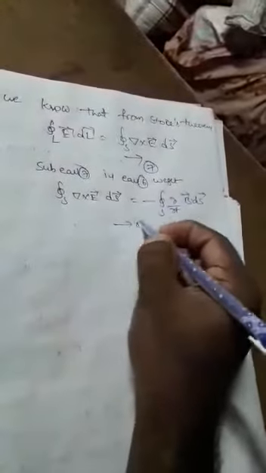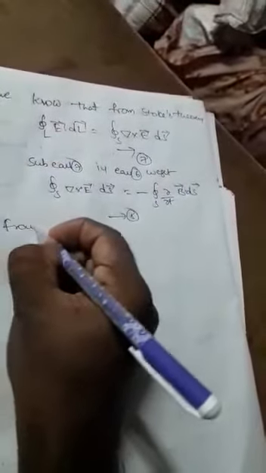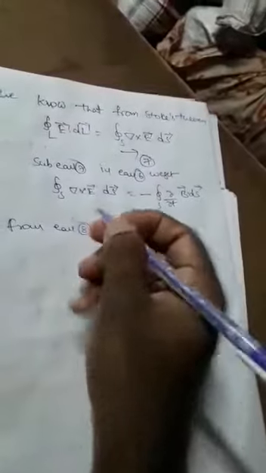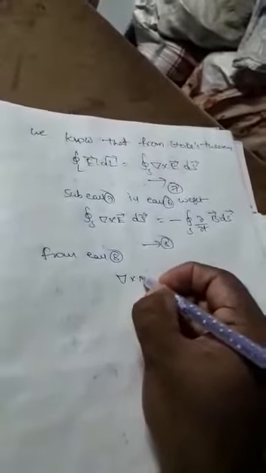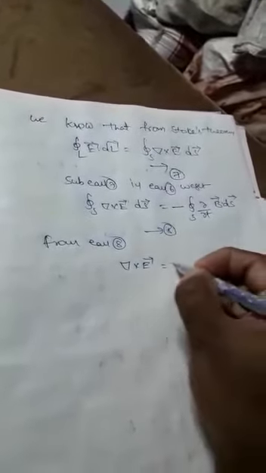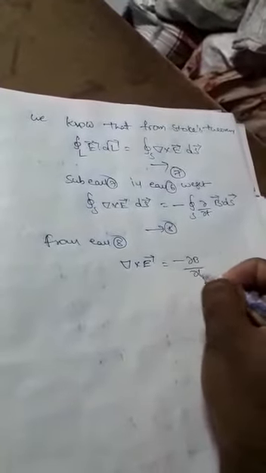So it is observed from equation 8 that curl of E bar is equal to minus dou B bar by dou t.